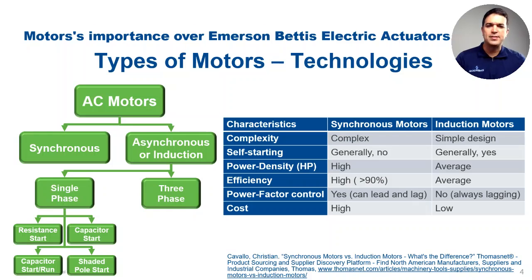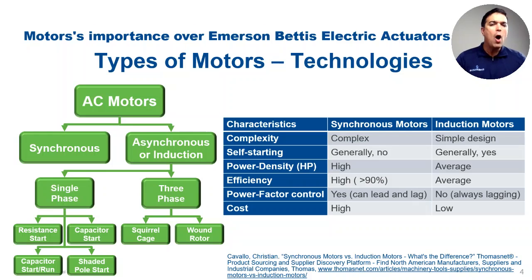Now, three phase motors are self-starting and widely used in industrial and commercial applications. There are two types, squirrel cage and wound rotor. A squirrel cage motor has a cylinder which has laminated slots as conductors. Every slot consists of conductive material. Those motors are commonly used to manufacture actuators.